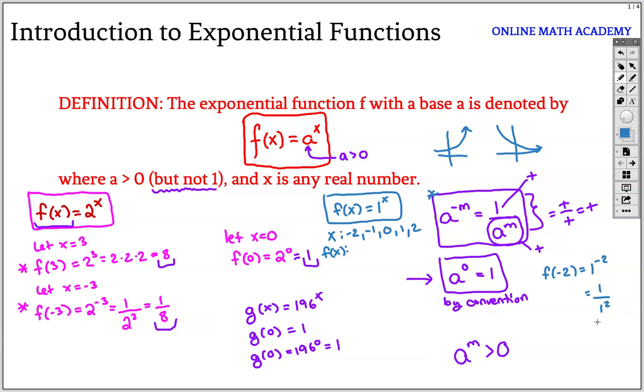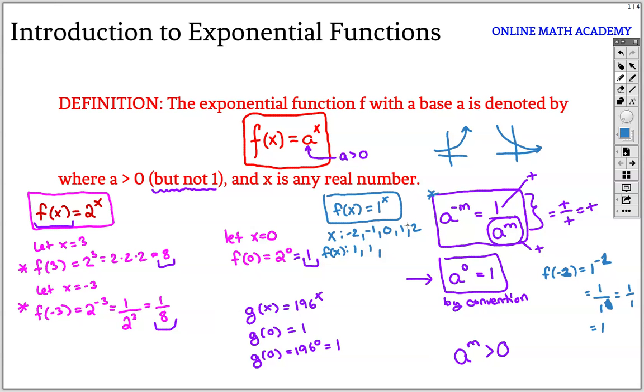And 1 squared is just 1, so it's 1 over 1, and you get 1. So f of x is 1 when x is -2. What if we made this a -1? Then we'd have 1 to the -1, which is 1 over 1 to the first power, that's 1 over 1, and that's 1.